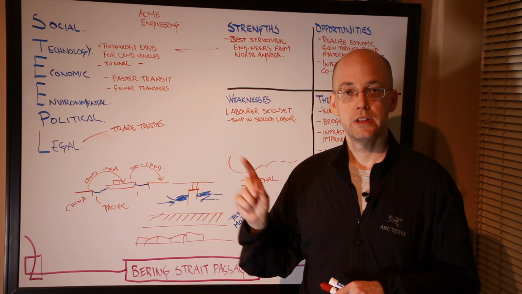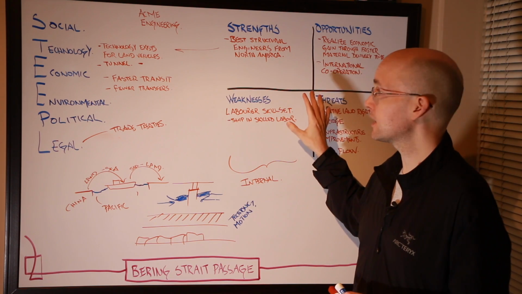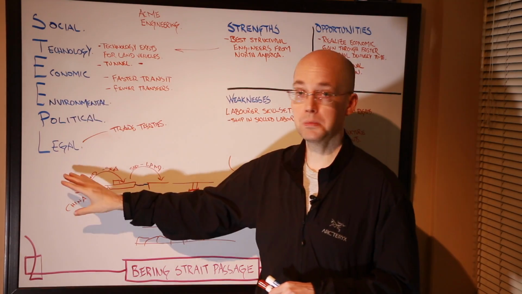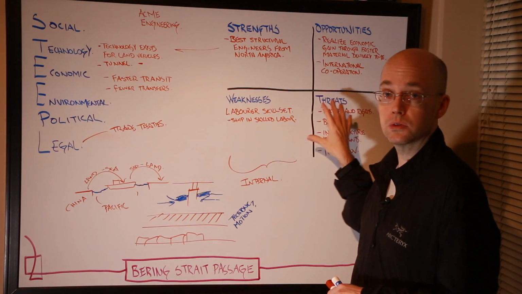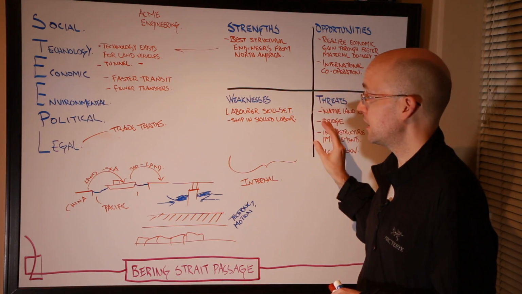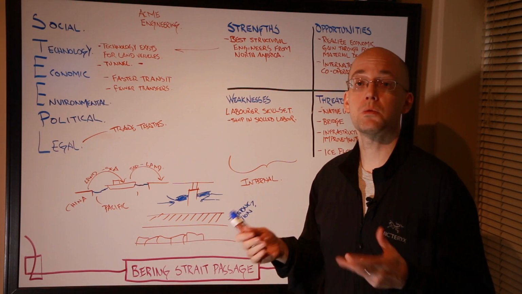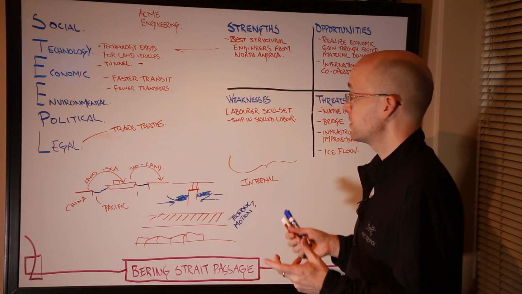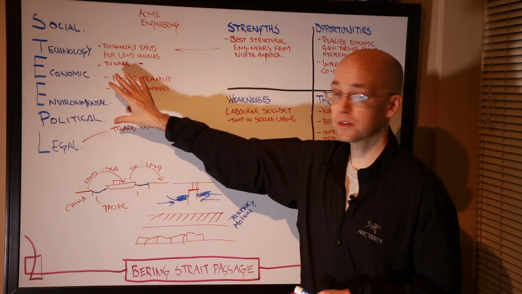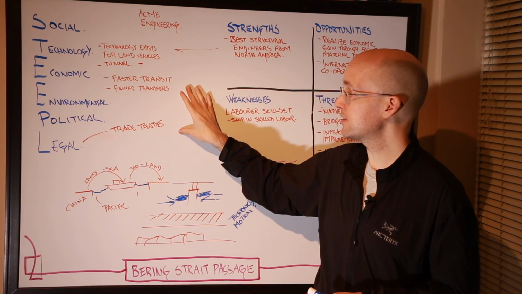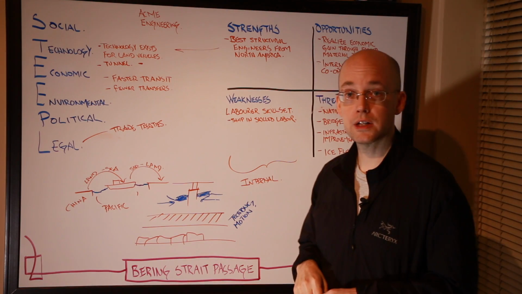In summary, this was a look at using a SWOT analysis and the STEEPL analysis. We were using the STEEPL analysis to input into our SWOT analysis. By virtue of this conversation, and there are no right or wrong answers here, what we're attempting to do is facilitate a conversation where we can talk about these parts of the project, take these as conversation points, and then map them into our SWOT analysis.